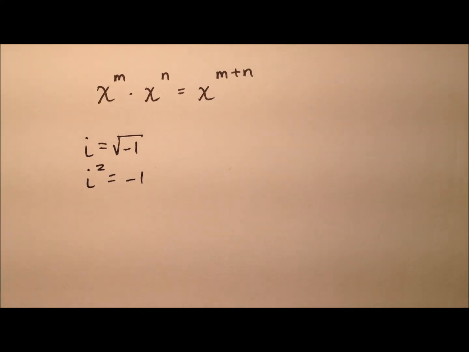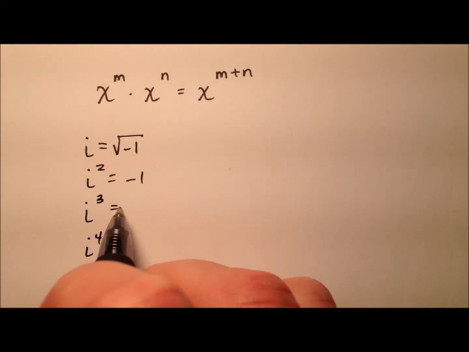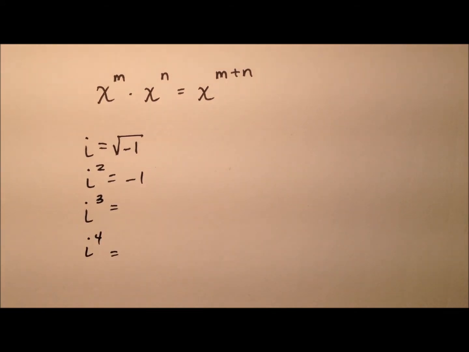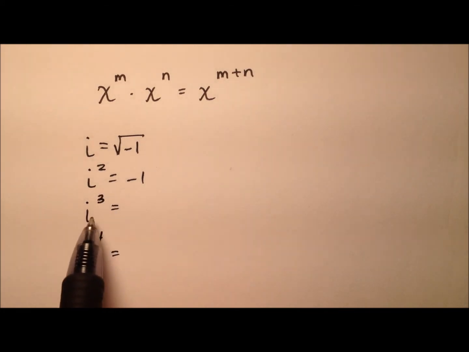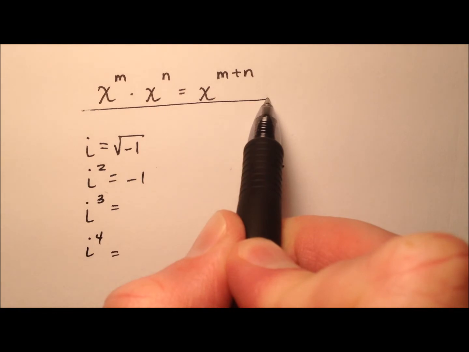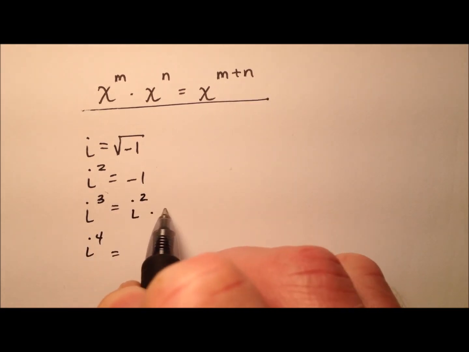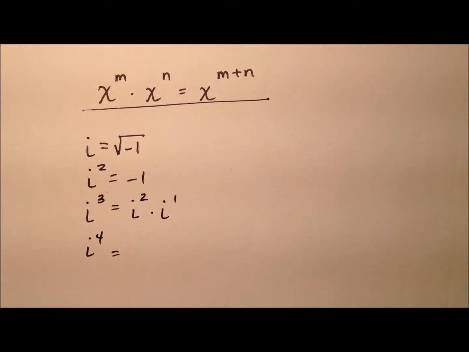Okay, so let's consider for a moment i cubed and i to the 4th. We'll take some simple samples and see if we can see a pattern, if anything starts to emerge. So i cubed can be deconstructed using our multiplication property of exponents as i squared times i to the 1st.